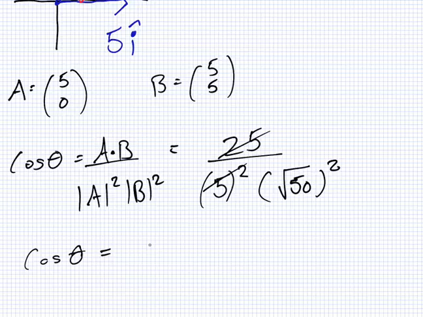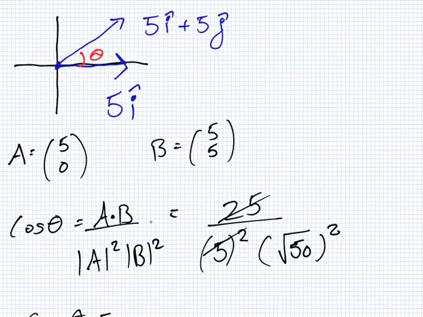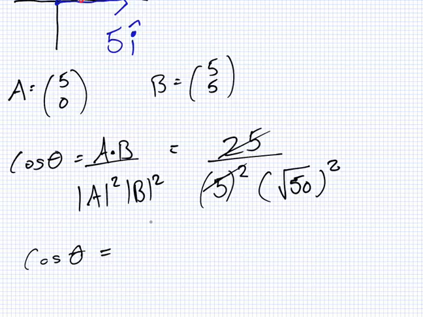So this isn't going to be 45. I thought my picture made it 45. 5i plus 5j. Did I do something silly? A dot B is 25. Magnitude of A is 5.